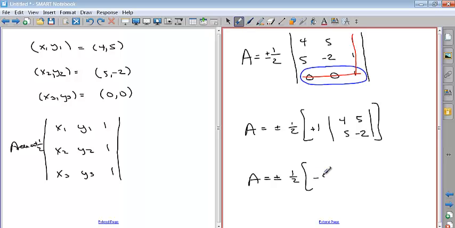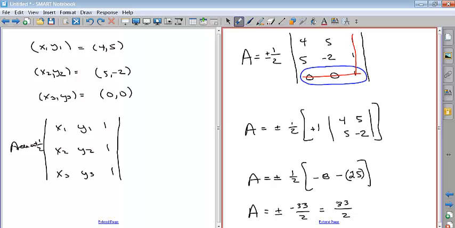Then you subtract 25, since 5 times 5 is 25. -25 minus 8 is -33. -33 over 2. We're going to use the negative, so the actual area is 33 over 2.